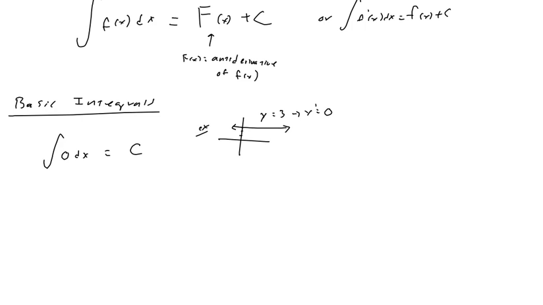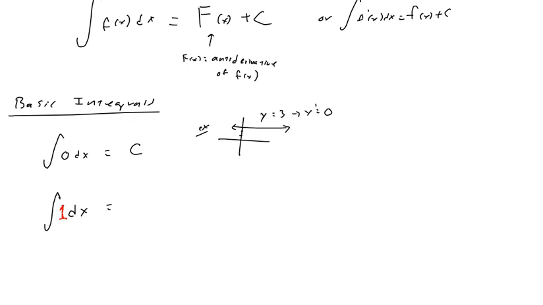What about the integral of dx by itself? What if there's no number here? Well, remember this is like an invisible little 1. So what's the integral of 1 dx?